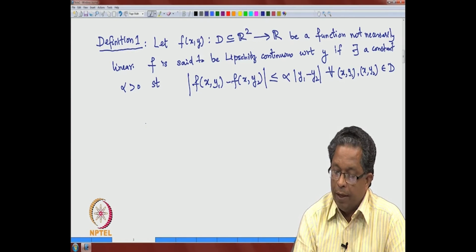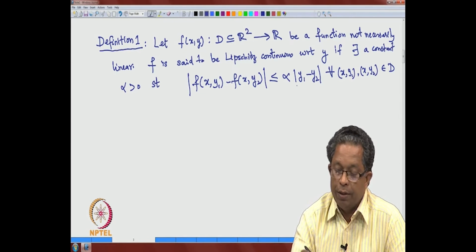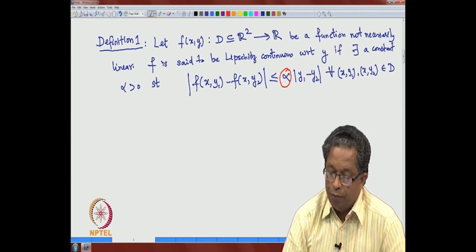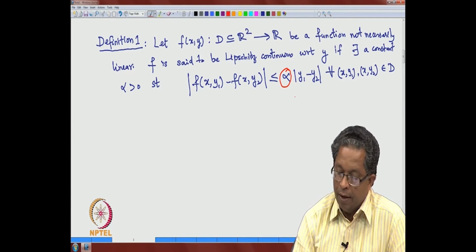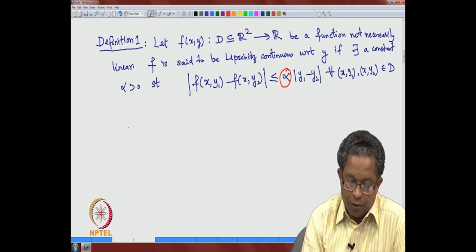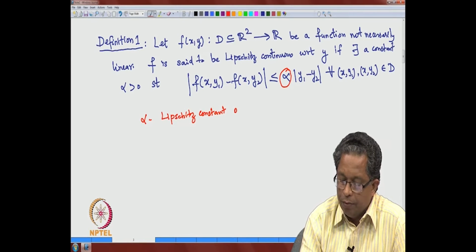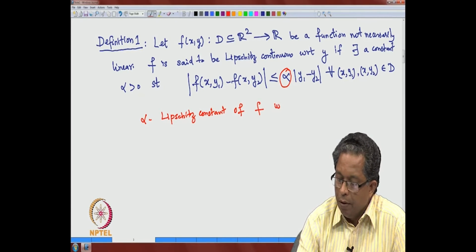And if there exists a constant alpha satisfying this condition, you take the least of all such alphas and we call that alpha a Lipschitz constant. So, alpha is a Lipschitz constant of f with respect to the argument y.